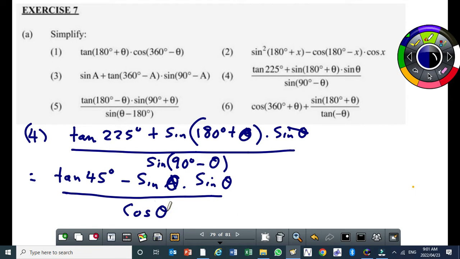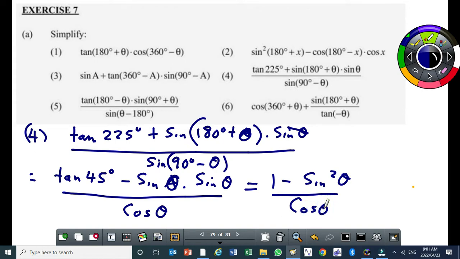Now, tan 45 is 1. So that gives us 1. Then sine theta times sine theta will give us sine squared theta, all over cosine of theta.